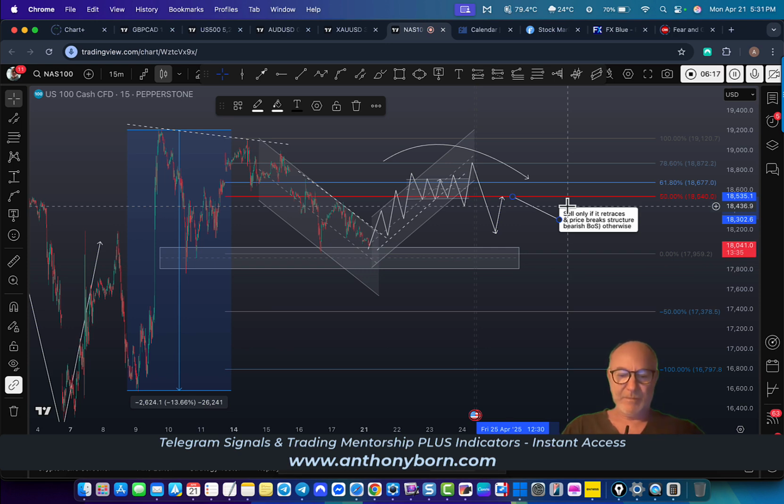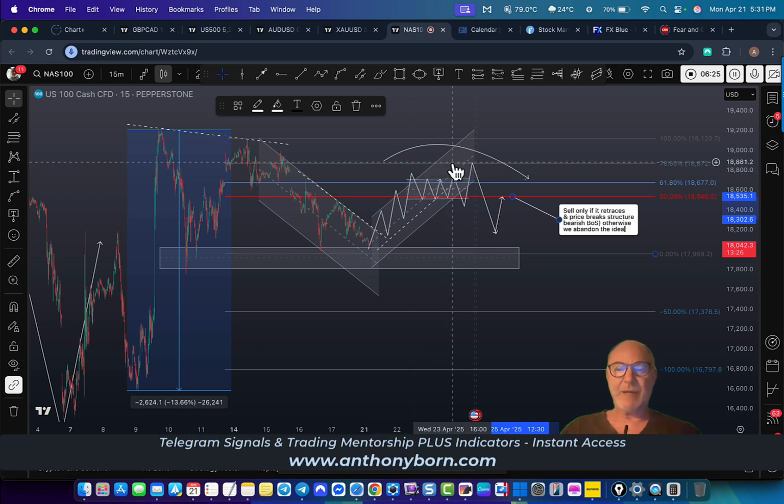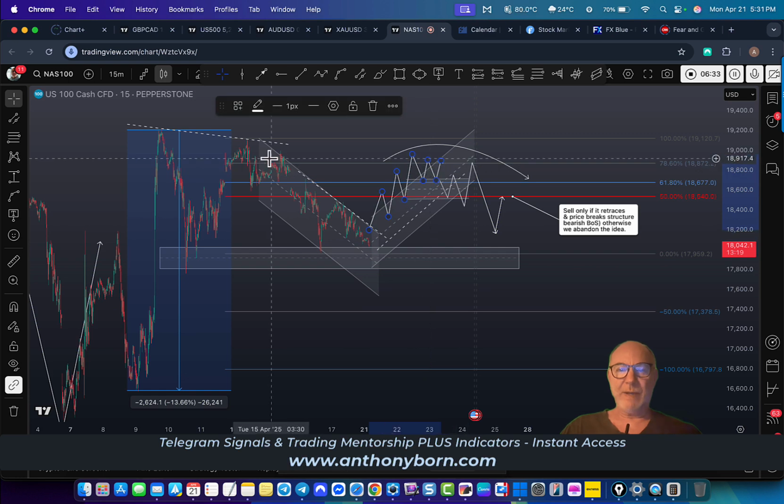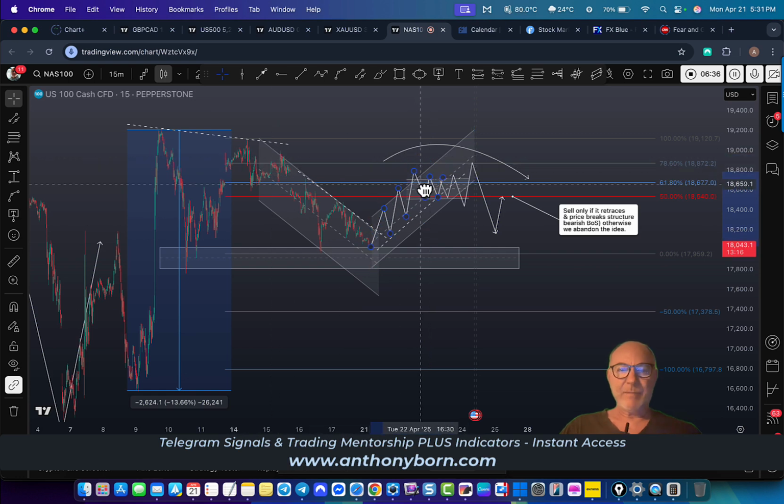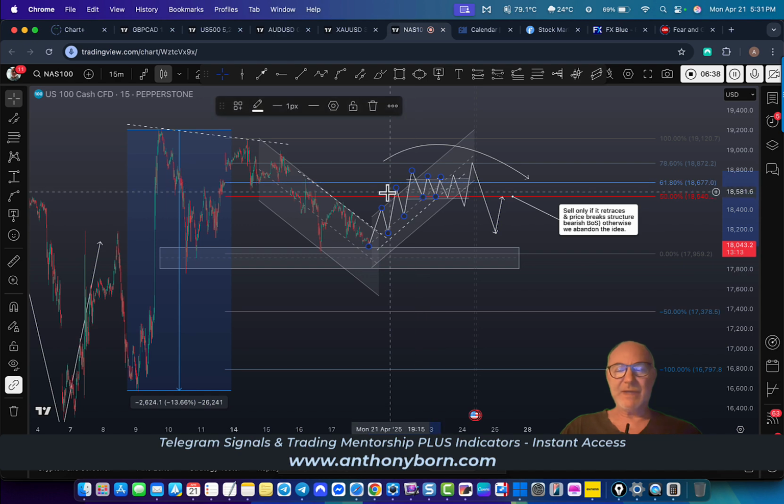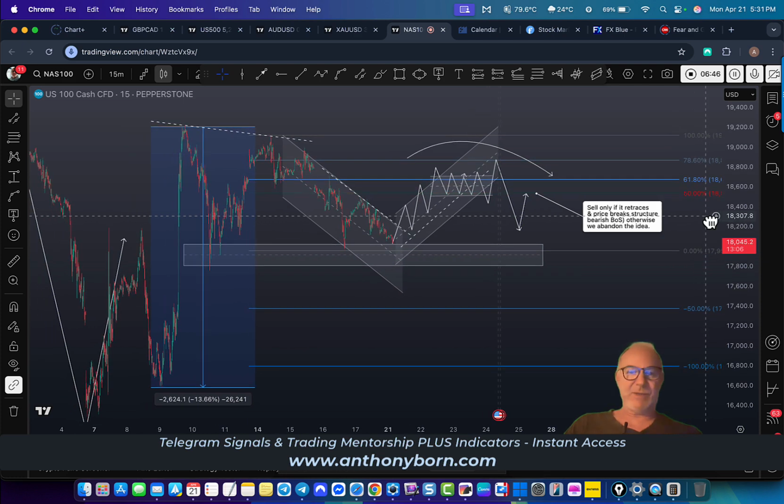Otherwise, there's no sale. Otherwise, we abandon the idea. This needs to play out. Now, it could range through here, or it could pull back into these levels. Wherever it decides to roll over, I'm interested. That's my take on the NAS100 at the moment. It's pretty clear.